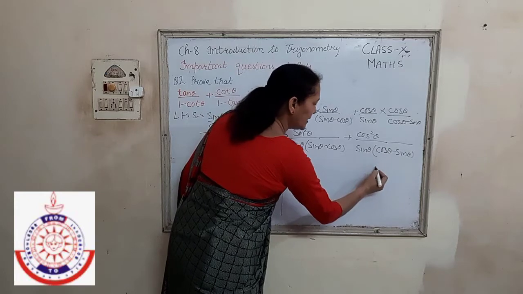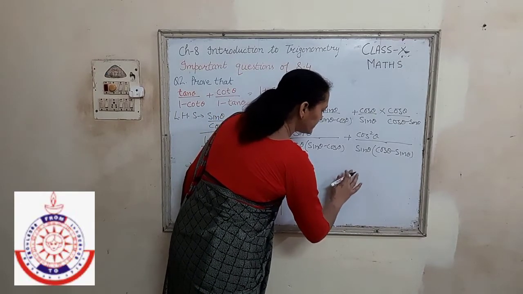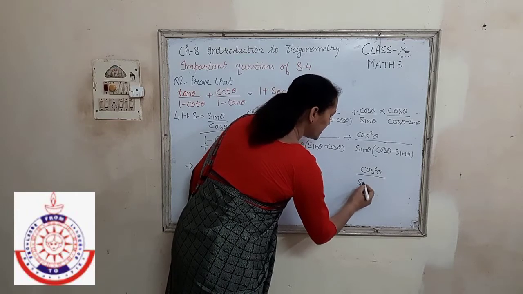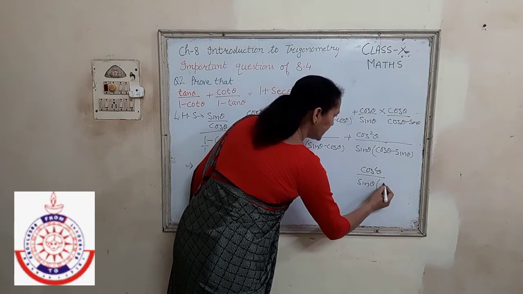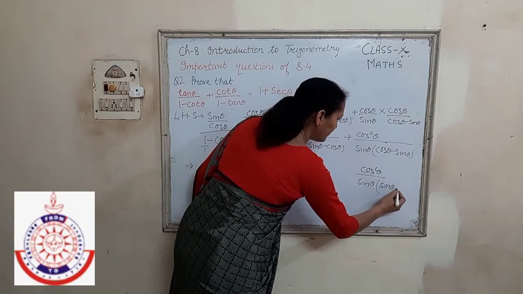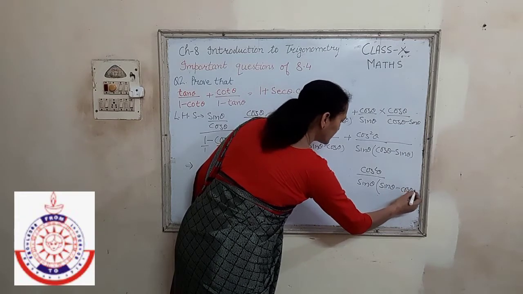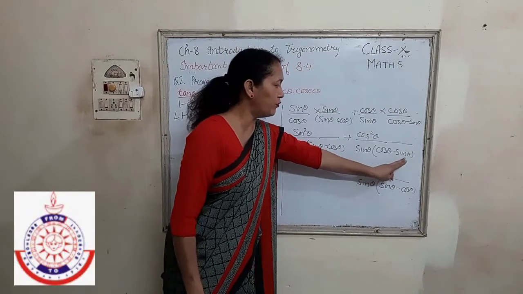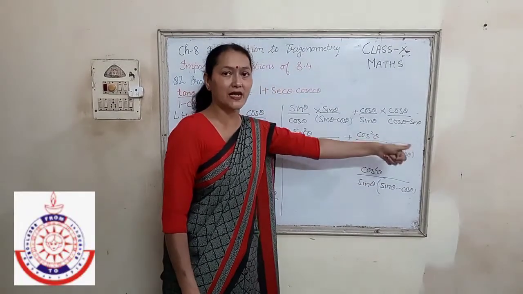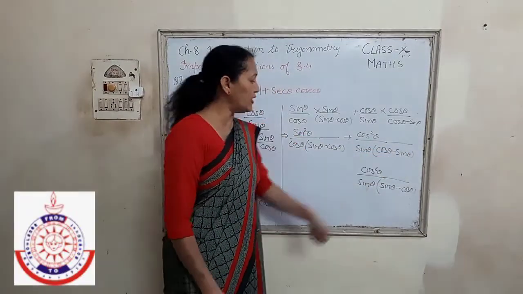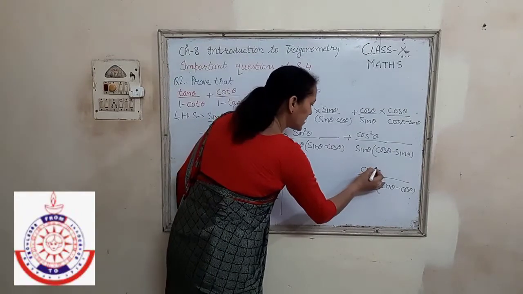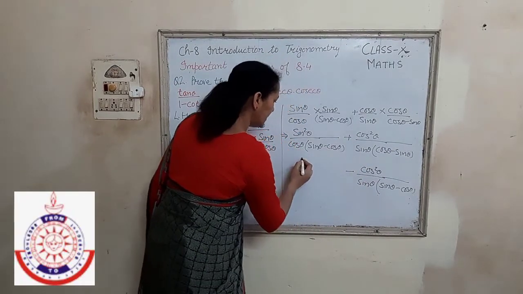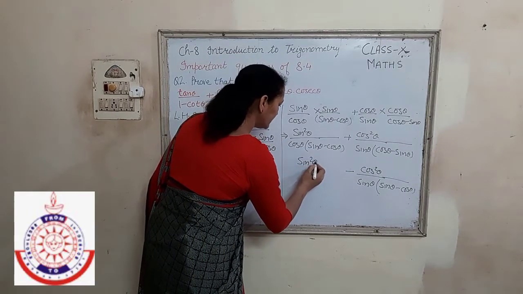So if we shift the terms, if we take sin at the first and then cos, we have moved sin to the first position, cos in the second position. This can be done only when we take the minus sign common. So here in place of plus, minus will come. This term will be as it is.